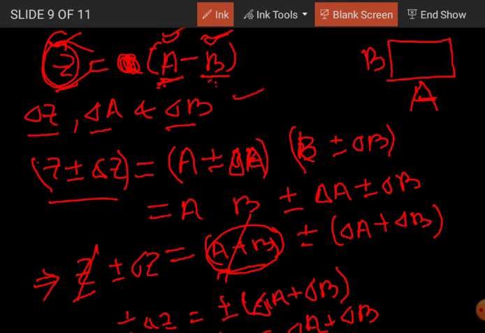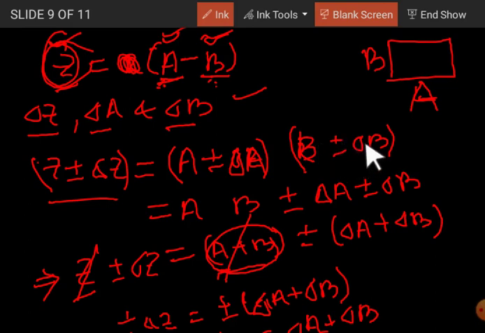We have said that delta z, delta a and delta b are the absolute error in the measurement of z, a and b, right? So your measured value of z will be z plus minus delta z. Measured value of a will be a plus minus delta a. Measured value of b will be b plus minus delta b, right?